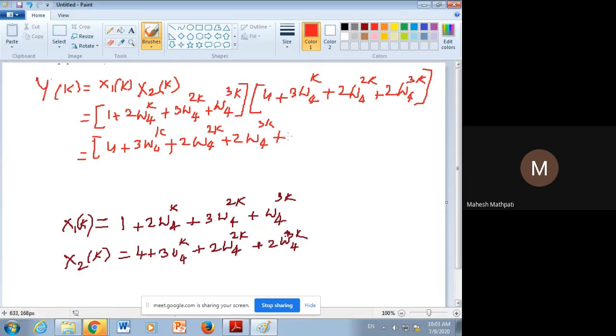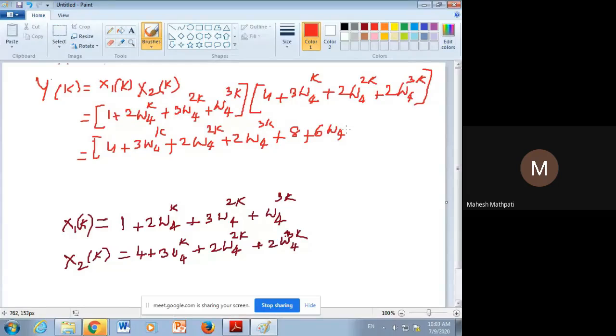Second, 2 into 4, 8, plus 2 into 3, 6, W4 to the power K. What will happen now? The powers are the same in multiplication. What are we going to do with that part? Addition, we are doing addition, right?